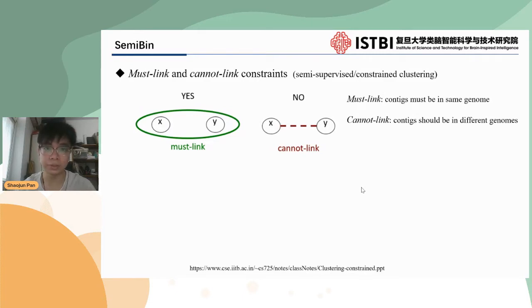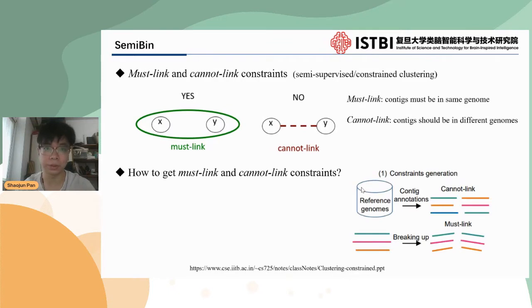When generating the constraints from the reference genomes, we generate a cannot-link from reference genomes if they have different labels, and for must-link constraints, considering the noise of the annotation, we break up long contigs to get a must-link pair. Then the must-link and cannot-link constraints are used as inputs to the deep learning model later.